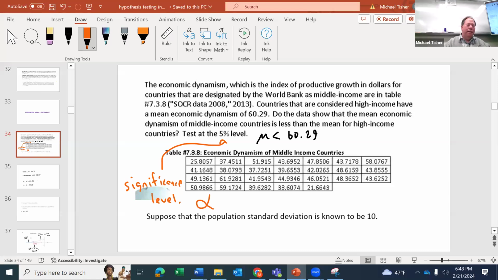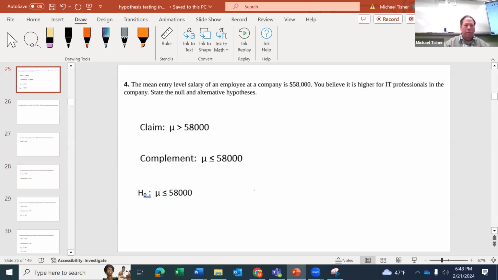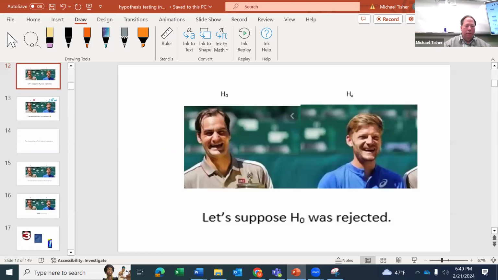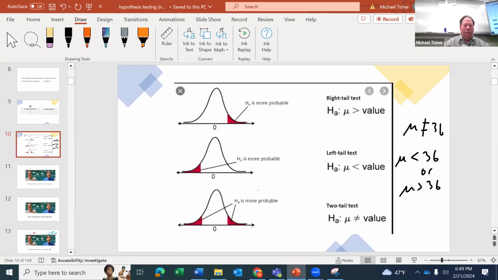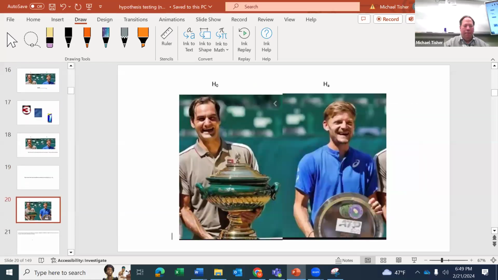Let me go back to something in the PowerPoint. The significance level is actually called the critical area, so it is precisely the same as the critical area. Let me write that down over here so you can see it.